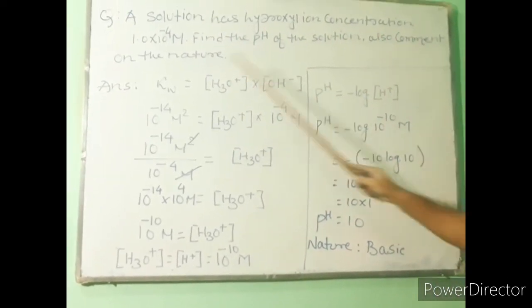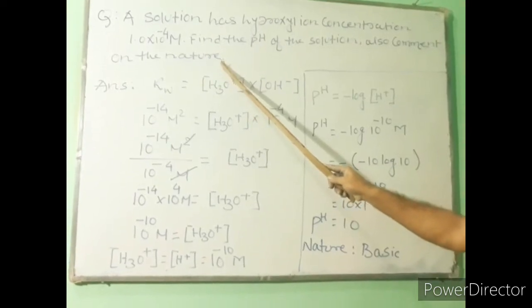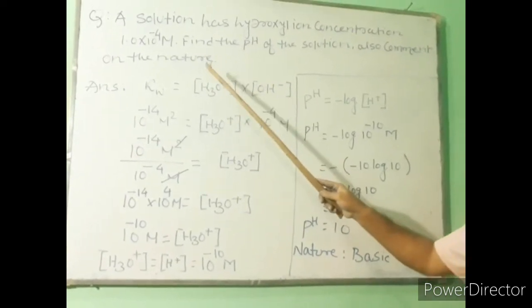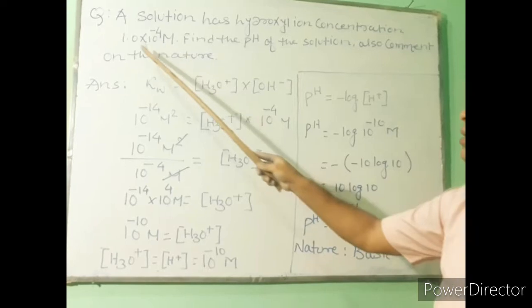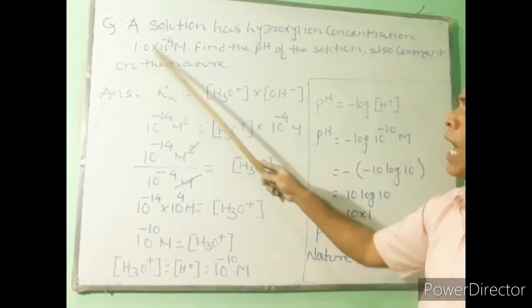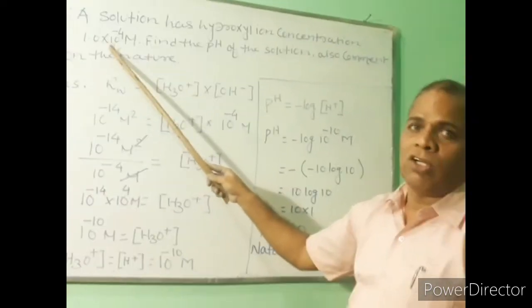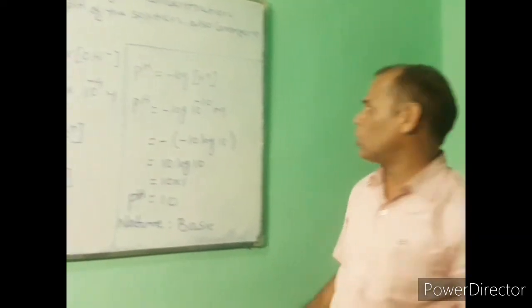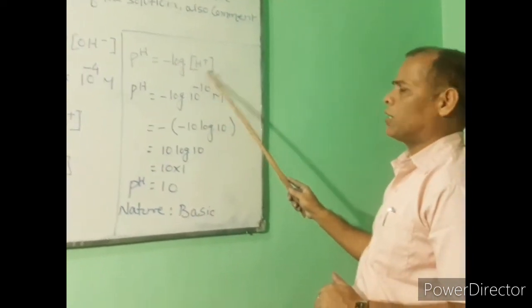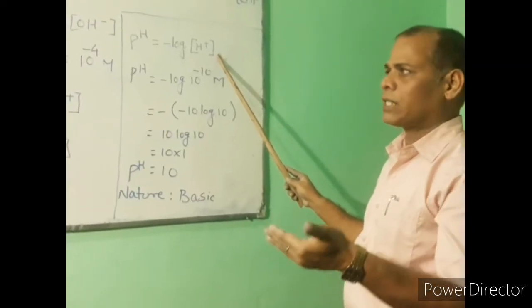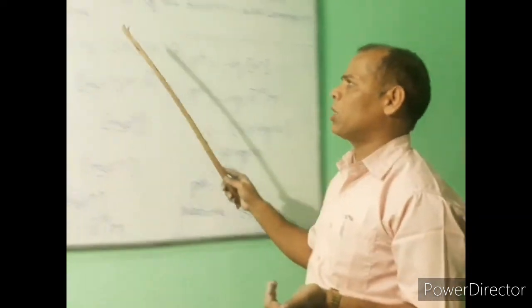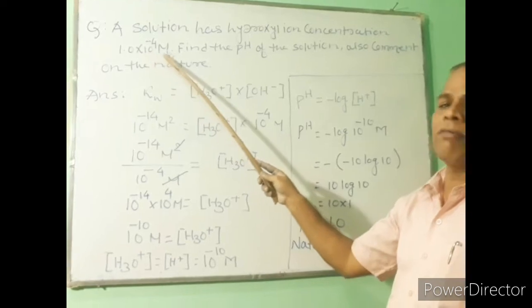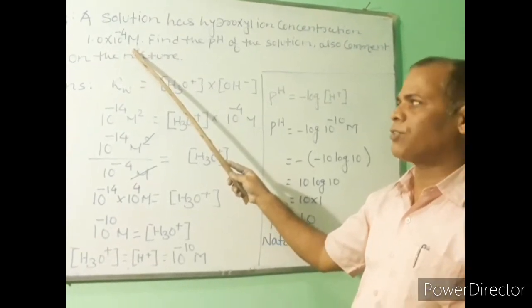Also comment on the nature. Here the hydroxide ion concentration is given, so directly we cannot make use of pH equals minus log hydrogen ion concentration, because here it is the hydroxide ion concentration that is given.